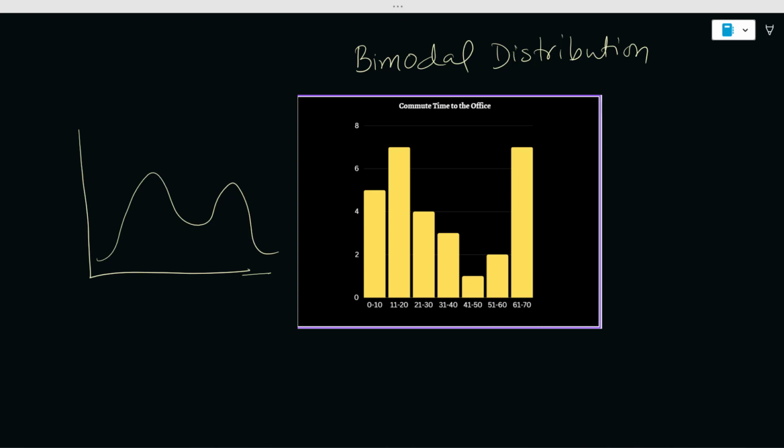Now let's see this example where we have manipulated data of commute time to the office, and one peak occurs at the time duration of 11 to 20 minutes. The number of employees who commute within this time duration is high, and similarly there can also be the case when the number of employees who commute within 61 to 70 minutes is also high.